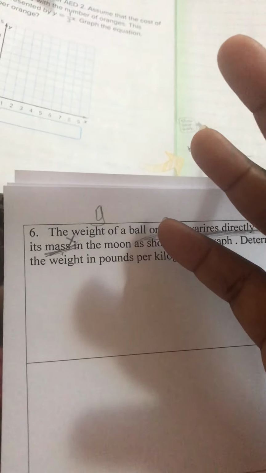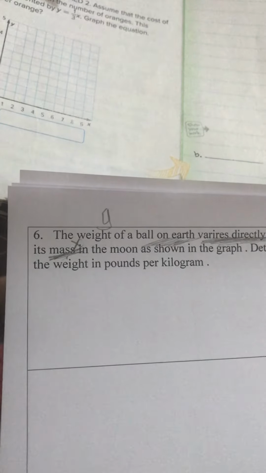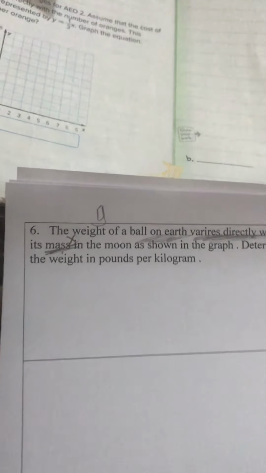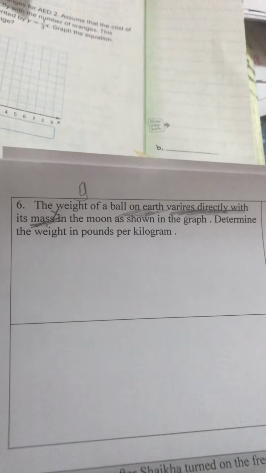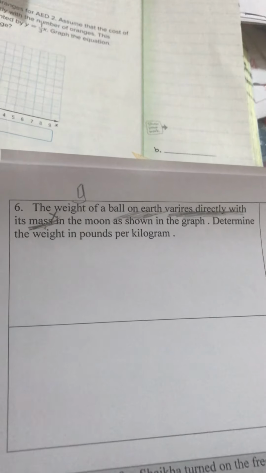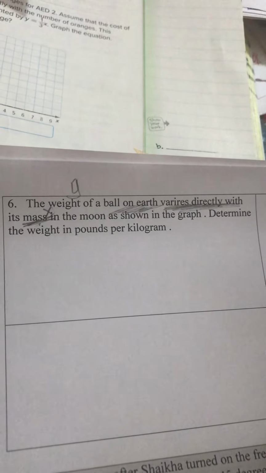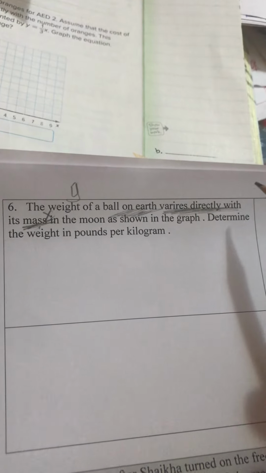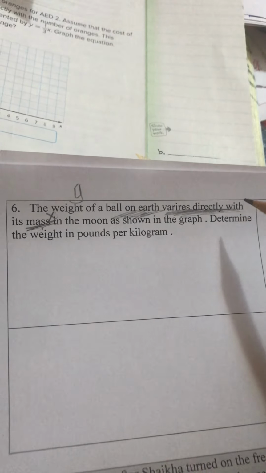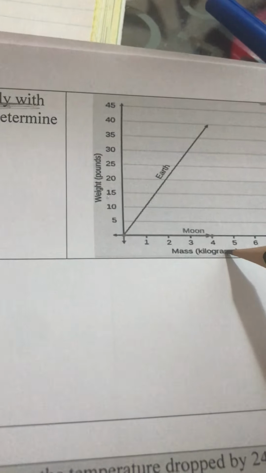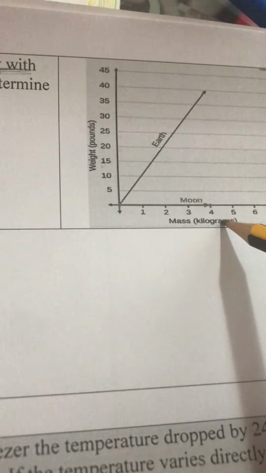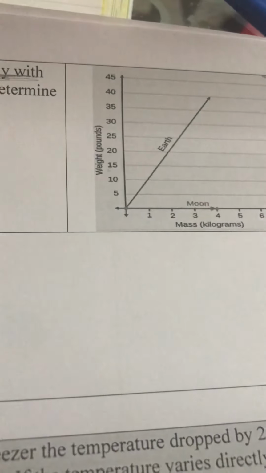So they took a ball, they measured it while they were here on Earth, then they went to the moon and they also measured it over there. So they did the measuring 2 times. Also, okay, they said we need to look at the graph. So I go to the graph and I can see mass and I can see weight.